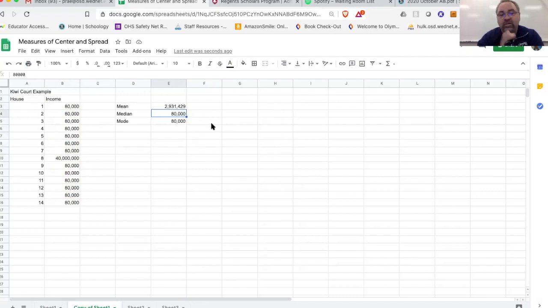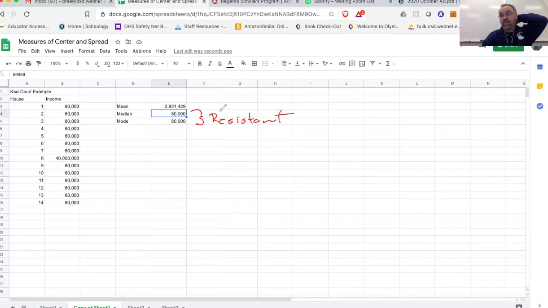Okay, what this is an example of is that the median and the mode are what we call resistant. They are resistant measures of central tendency. Okay, the mode doesn't change, right?